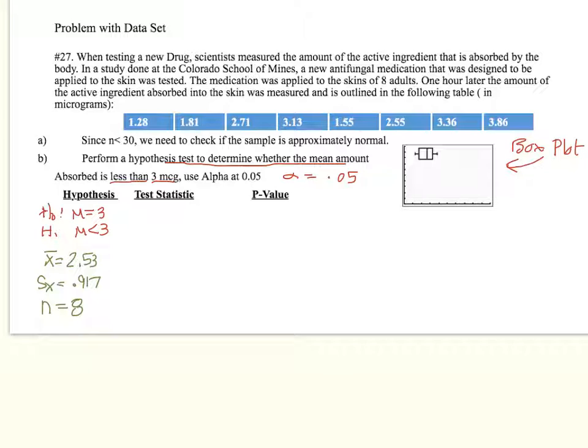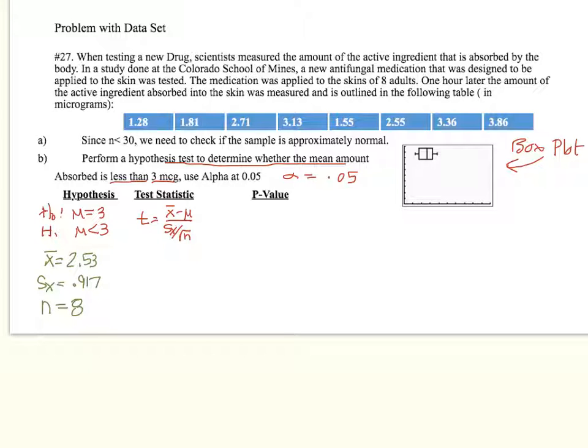We're going to use a test statistic t, so we write that down. T equals x bar minus mu divided by Sx over the square root of n.